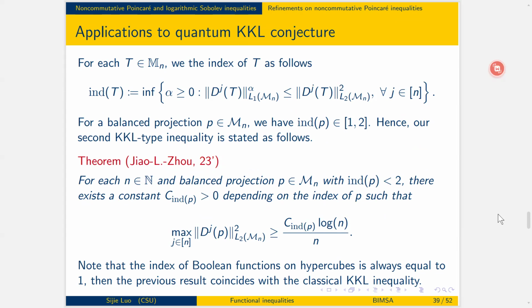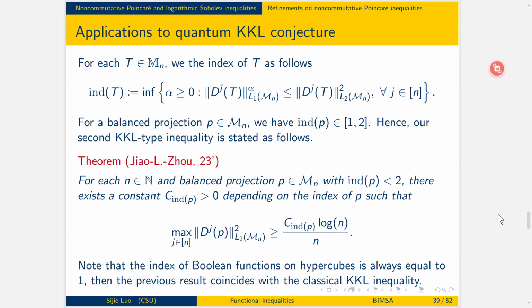But for every n and every balanced projection, if the index is strictly smaller than 2, then the KKL conjecture holds. Here, if the index is strictly smaller than 2, then we can get such a result, up to a constant c depending only on the index of p.